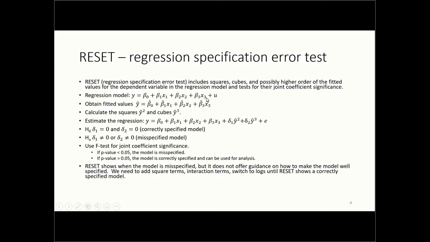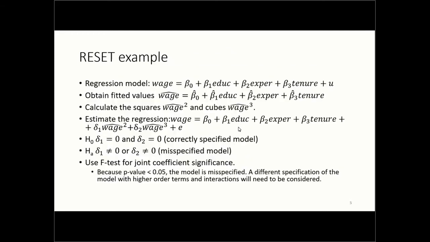So basically we have some nonlinearities here, or some of the terms need to be cubed. But again, we would not know the correct specification, and no one would actually leave the models like that for a regression output. We would need to keep experimenting with new independent variables until this RESET test shows us that the model is correctly specified.